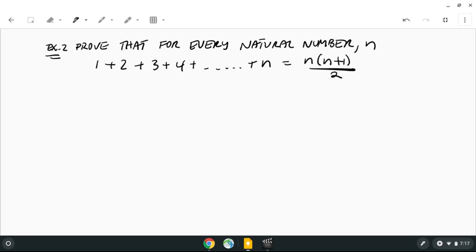Whether you take the first term, the first 2 terms, the first 3 terms, or the first 100 terms, if I want to know what the sum of the first 100 terms is, I can just use this formula and plug in 100 for n. We're going to prove that this is true.